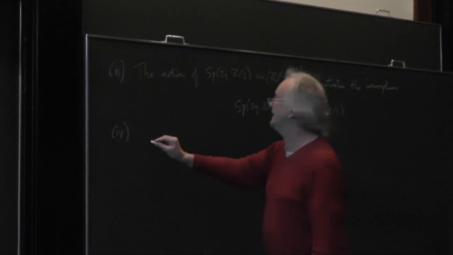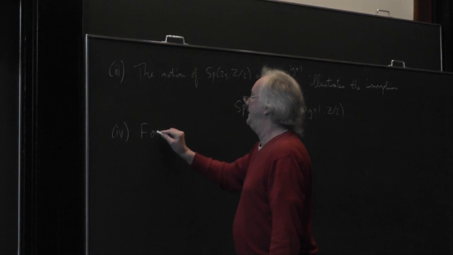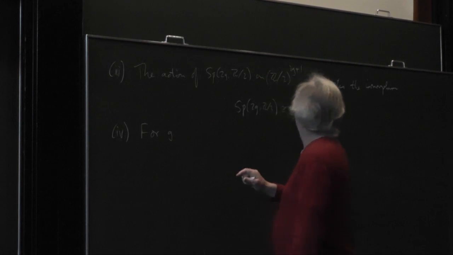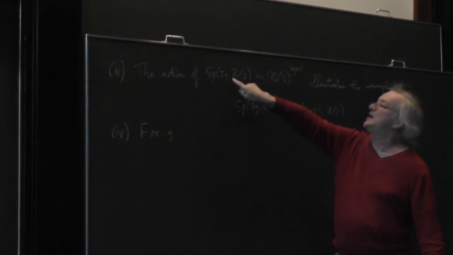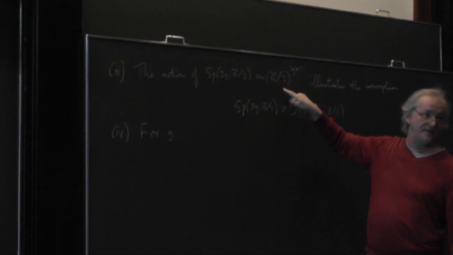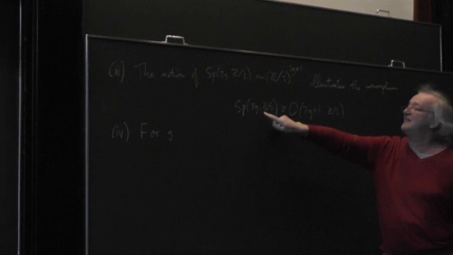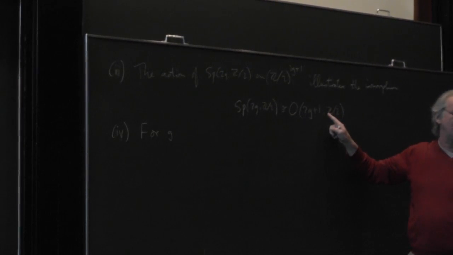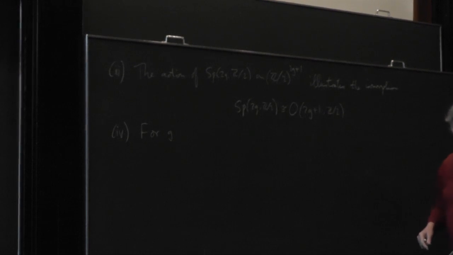Part 4. What does it mean to illustrate the isomorphism? Well, I mean, you've got a map from here to the automorphism group of this. It fixes a quadratic form, and so you get a map from the symplectic group to the orthogonal group of that quadratic form. That is this isomorphism. Well, it actually defines it, it doesn't illustrate, it defines.